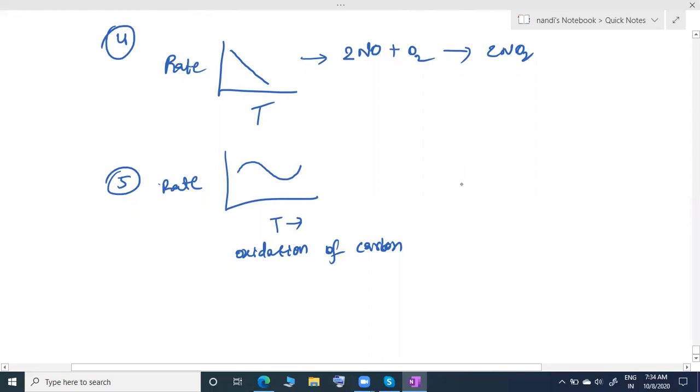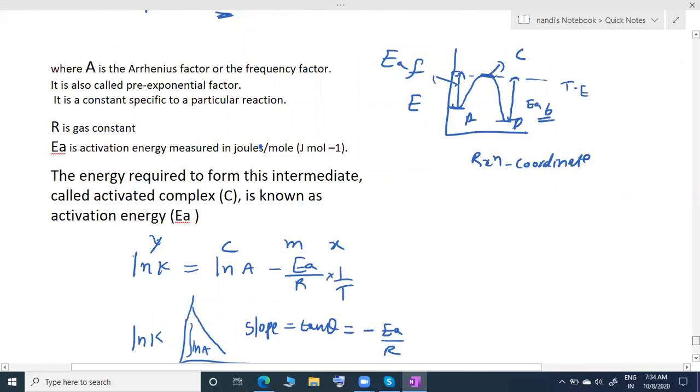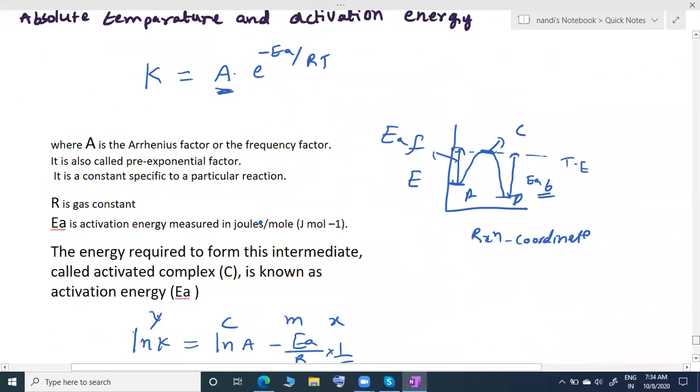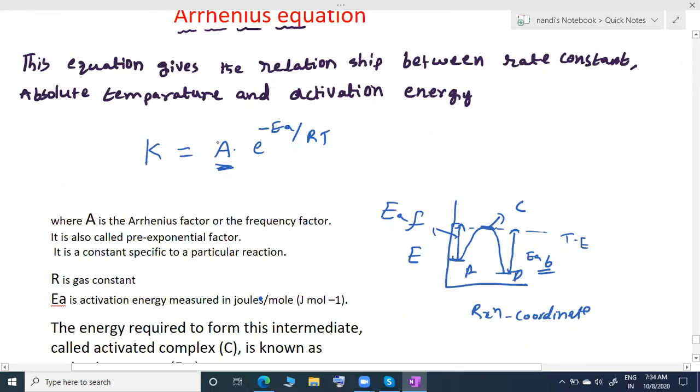So we'll see any questions based on this, any previous questions directly. What type of question they can ask, we can analyze before solving. Mostly they may say calculate the Arrhenius parameter by giving the remaining values. Here one more point: suppose e power minus Ea by RT becomes 1 as a total value.